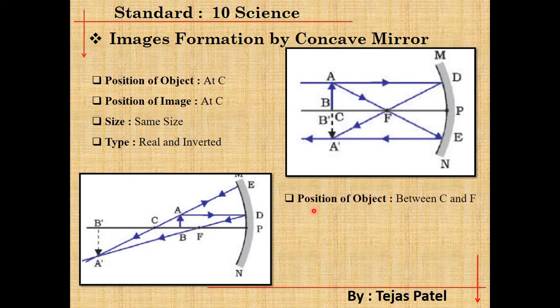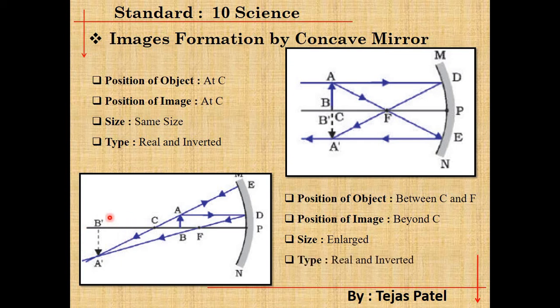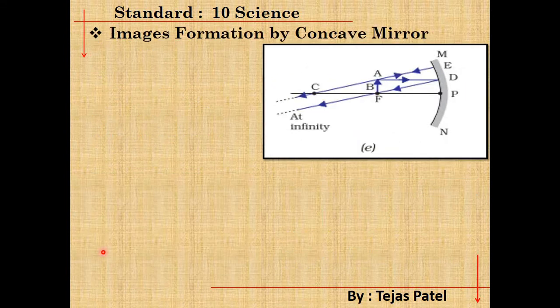So if we are talking about the position of the object, it will be between C and F, position of the image is beyond C, size is enlarged. As you can see, AB object is small but its size is enlarged, and a real and inverted image will be formed because 2 reflected rays are meeting at one point in actual.